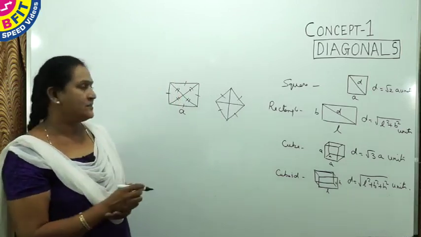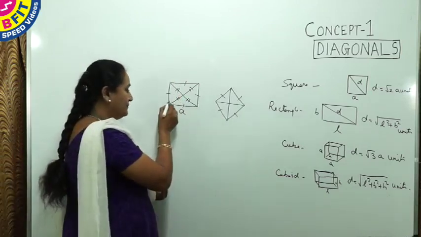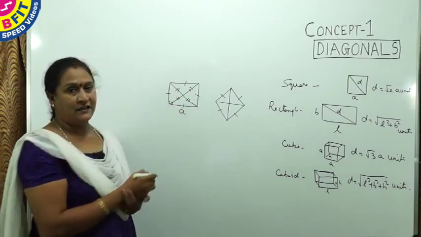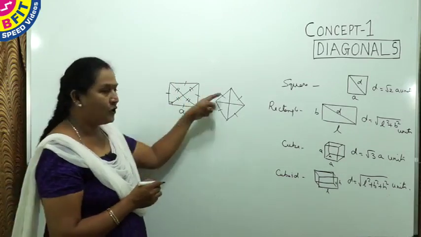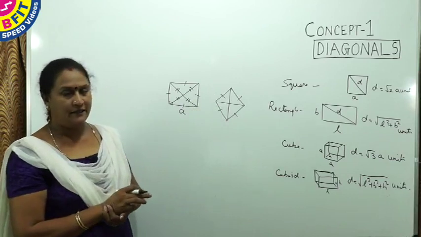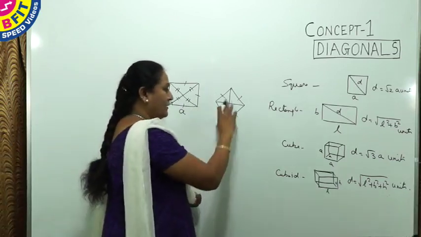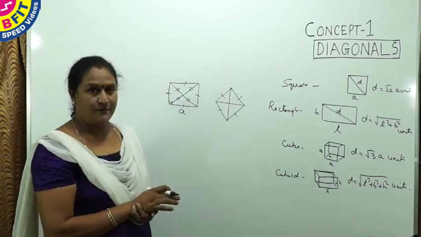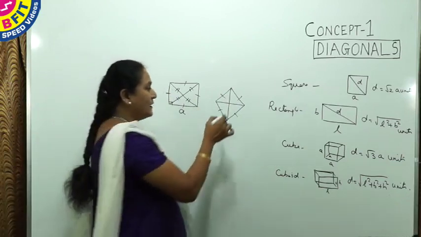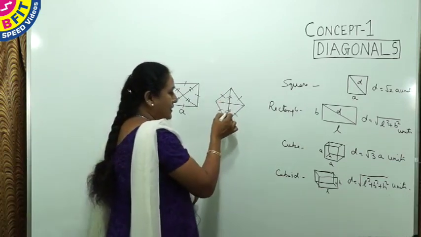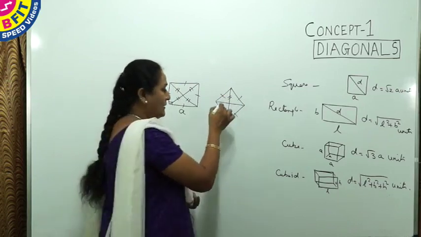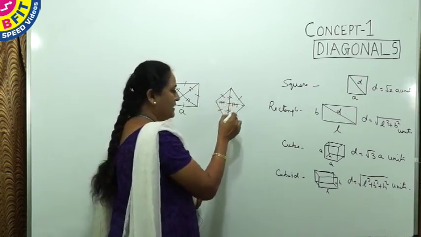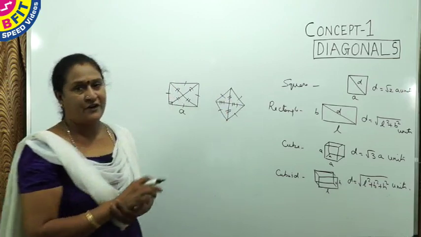Another difference is that for a square, it is 90 degrees in the corners, but for a rhombus, it is not 90 degrees. And diagonals are also not same, but they bisect each other. This portion will be same where it bisects, but all will be of different length.